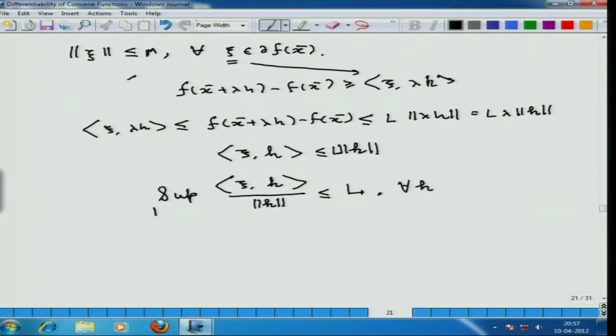So, you can take the supremum over h. This is slightly mathematical, so bear with me, those who are not so involved in mathematics. By a very standard technique, you can show that this supremum is defined as the norm of ξ, and that is less than or equal to L. This is true for all ξ. So, that shows that ∂f(x̄) is bounded.